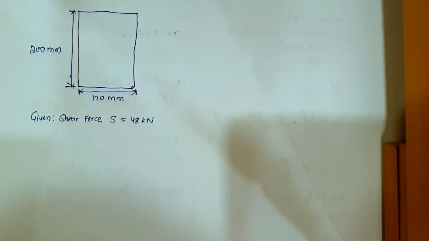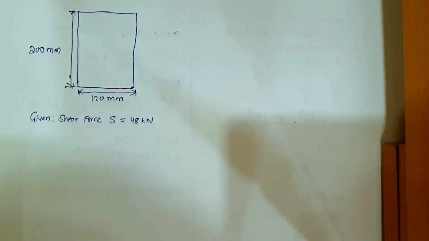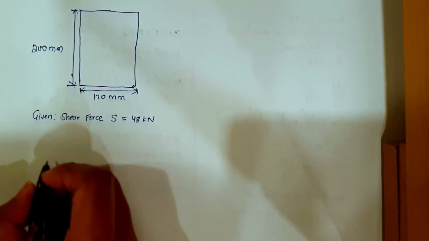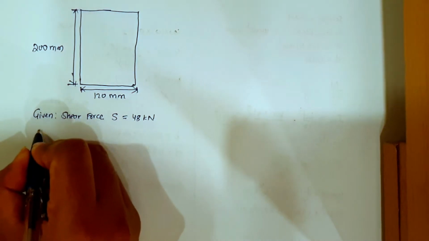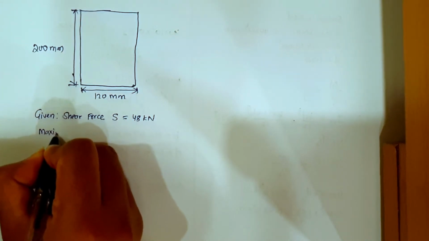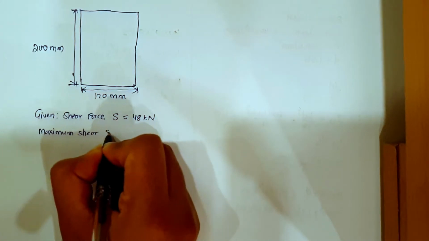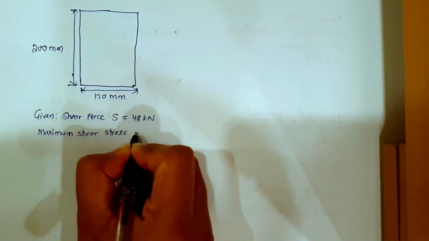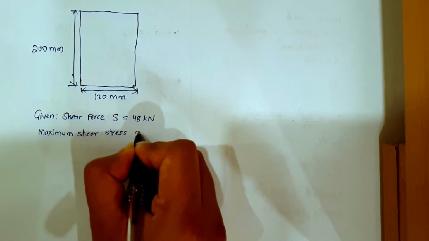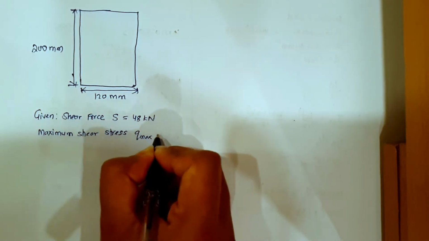Next we are asked to calculate maximum shear stress and sketch the shear stress distribution diagram across the section. So what do we have to find? We need to find the maximum shear stress, which is Q max.